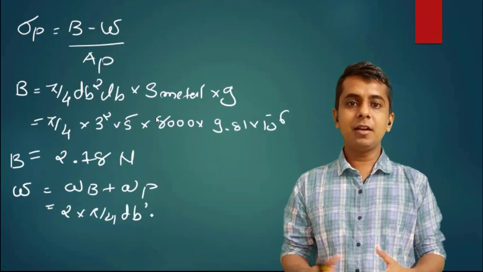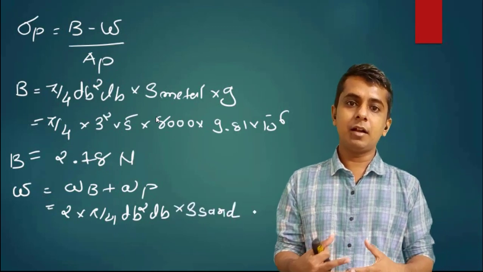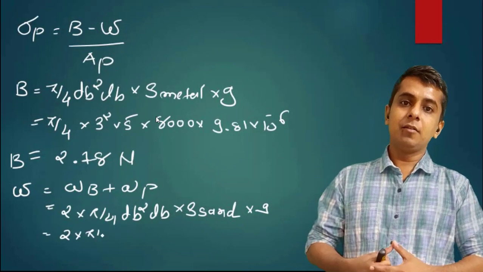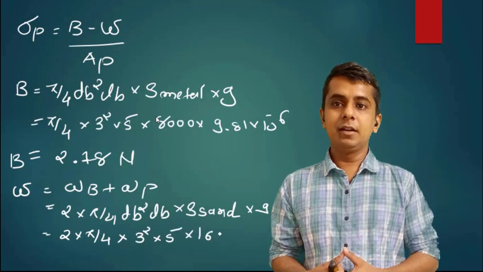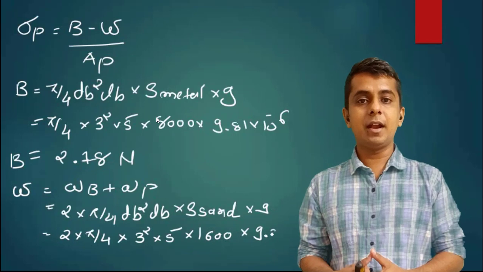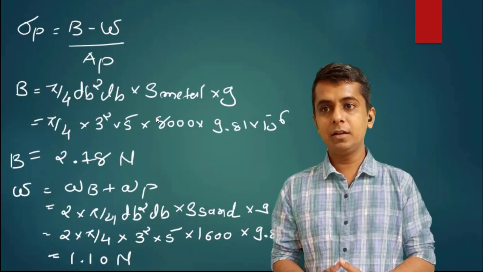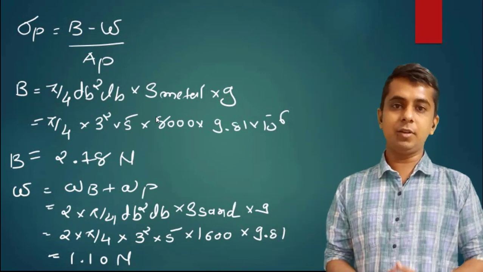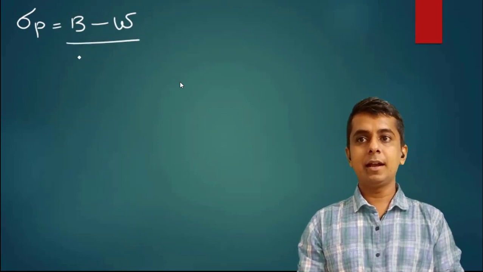We are considering the weight of body and print to be equal, so we calculate the total weight by considering the body weight 2 times, with the density of sand as 1600 kg per meter cube. You get the weight as 1.16 Newton.